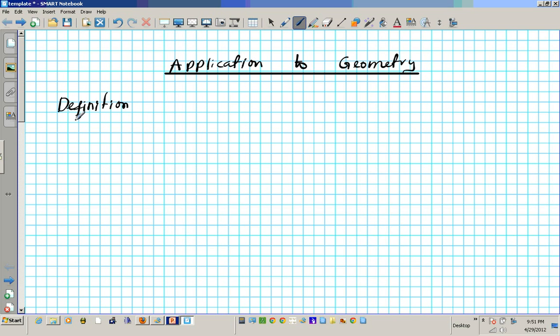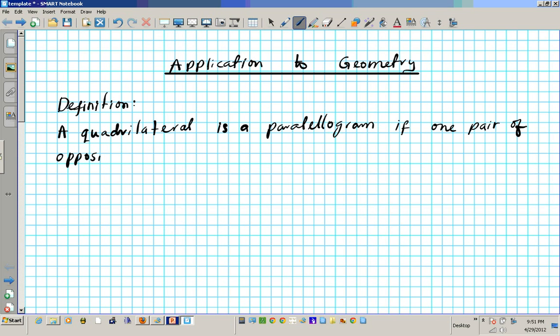Okay, a quadrilateral is a parallelogram if one pair of opposite sides are congruent and parallel.